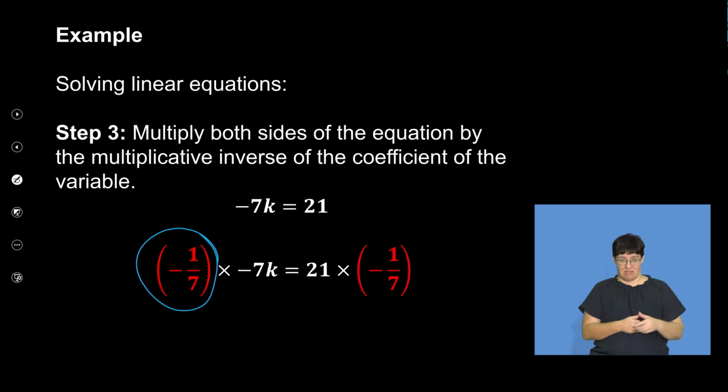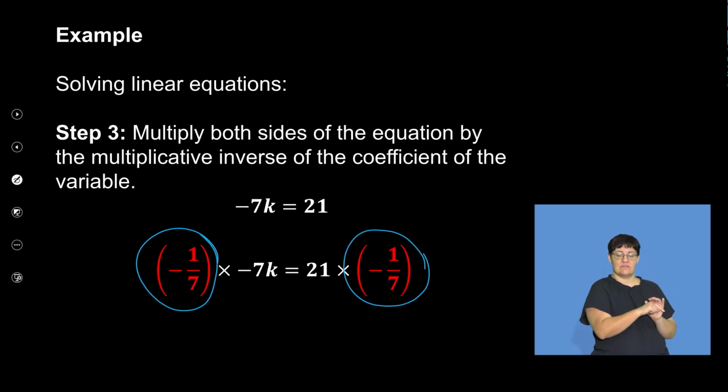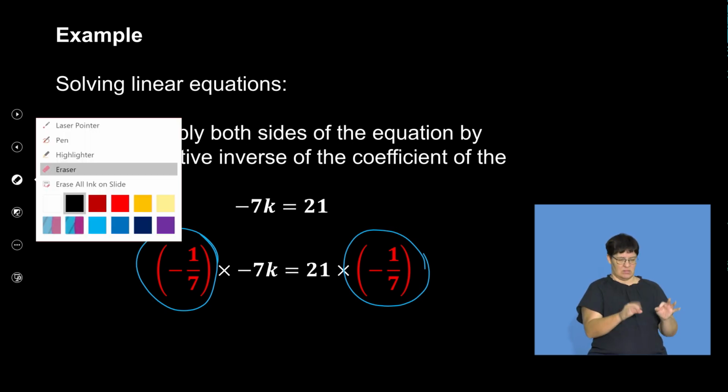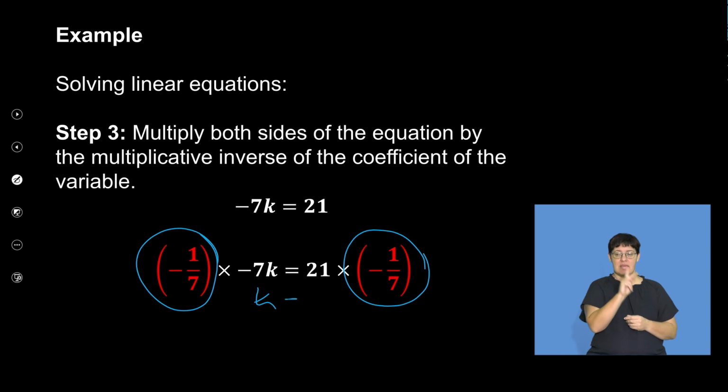As I said, that's negative 1 over 7. And you must also do it on the right-hand side. And then at the end, I will get k is equals to negative 3.